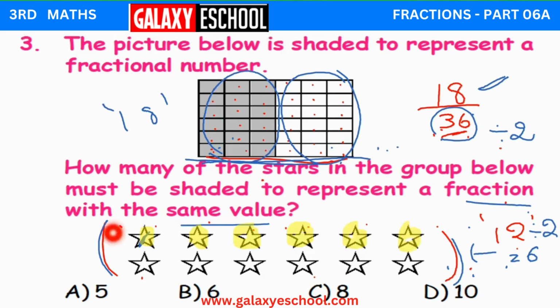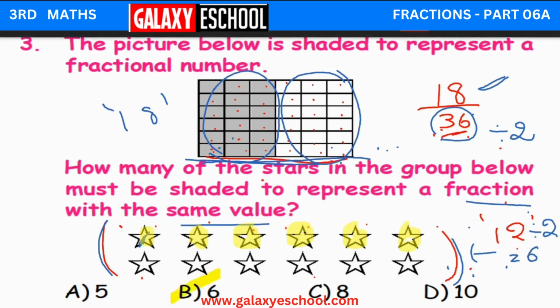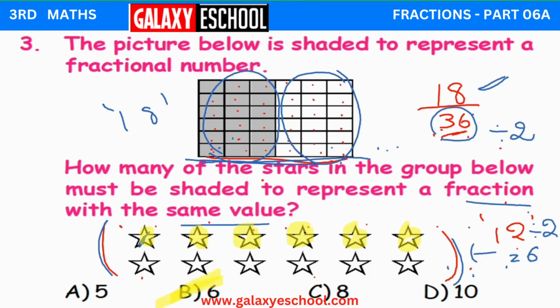Okay, so how many stars did we shade to get the same value as in the given question children? We shaded 6 stars. So what is the correct answer? Option B, 6. So for the stars in the group below, to represent a fraction of the same value as given in the question, we need to shade 6 stars.